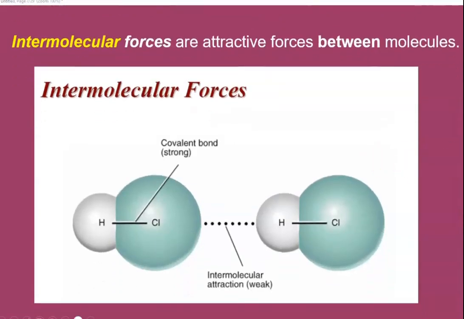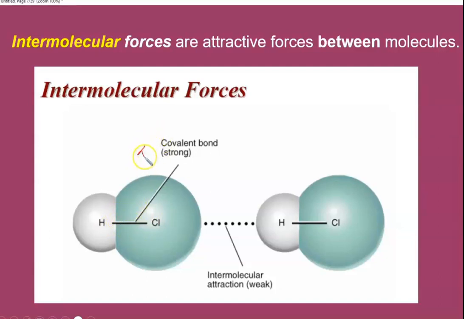I like this little drawing that they've got here. So I've got two hydrochloric acids here. So the bond here, this is a polar covalent bond. Polar because this guy's more electronegative than that guy. This is a polar covalent bond. This is an intramolecular force.